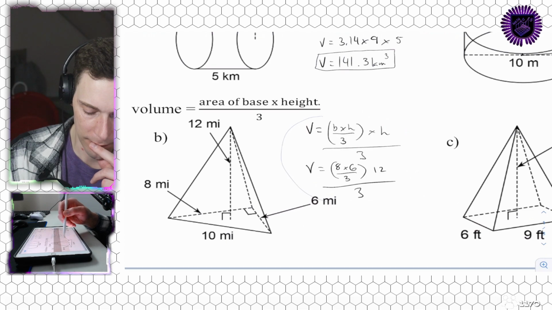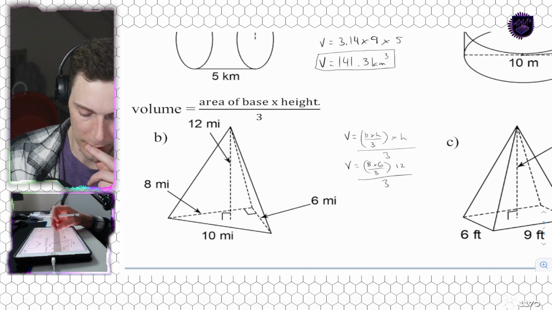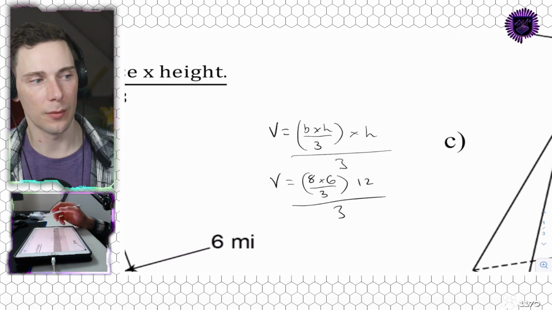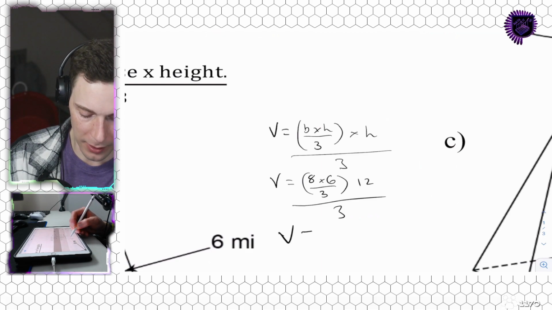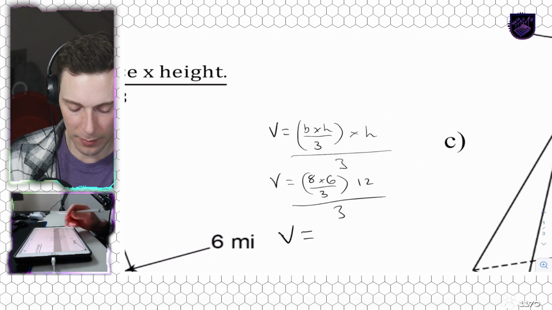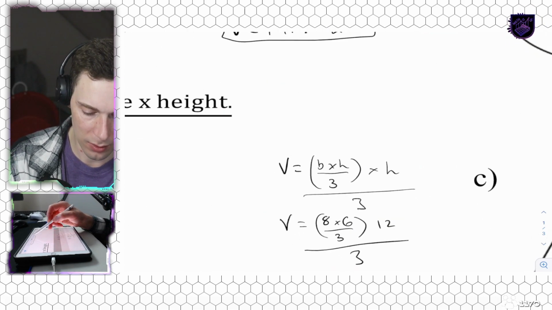Let me move. There. All right. My volume will be equal to 8 times 6, which is, what? No, divided by 2.